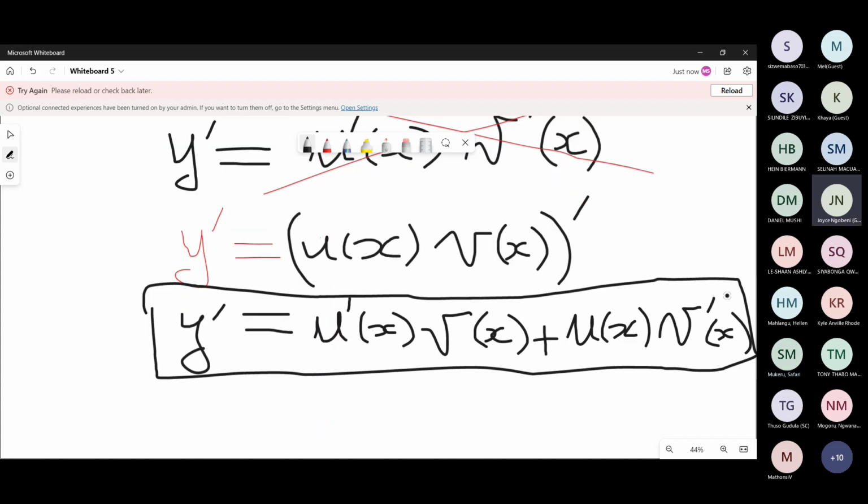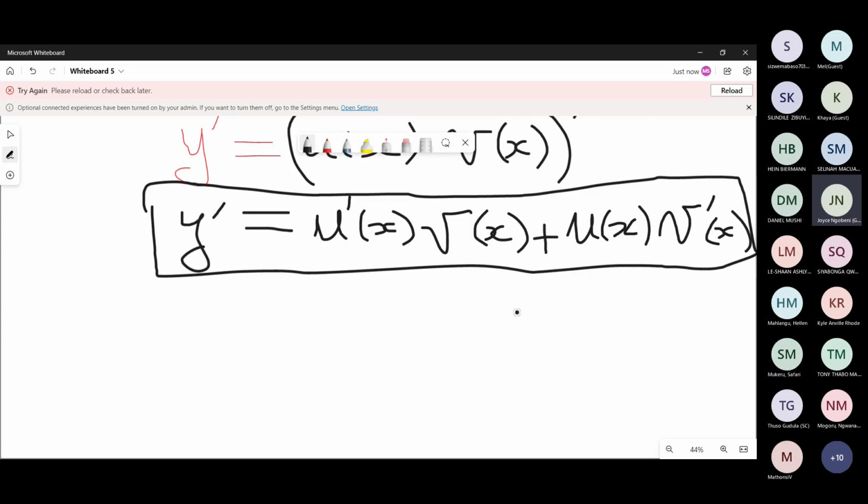Very good. Let me take an example. Let me take for instance 3x squared plus what? Plus what, Monsieur? Just give an example. Why only me?